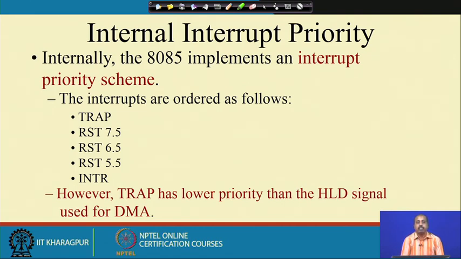We will come to that. If you remember, there are two pins, hold and hold acknowledge, available in 8085. They are used for a particular type of data transfer known as direct memory access, or DMA. In those cases, these signals will be activated. So, if trap and hold are both activated simultaneously, then hold has the higher priority than the trap.